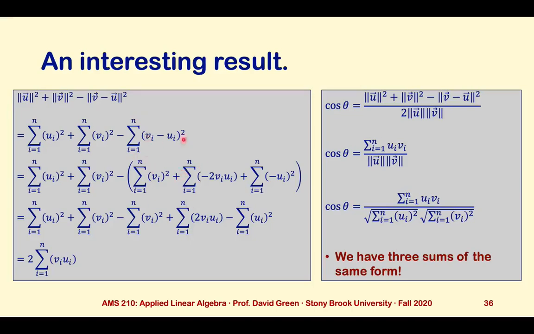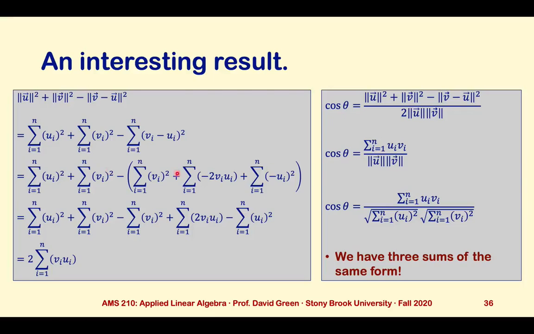So each one of these will give a vi squared, a negative 2vi ui, and a ui squared. And then we have to add each of those terms up for every element in the sum, which can be written as these 3 separate sums.